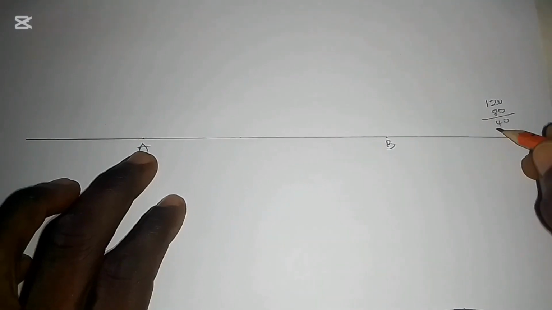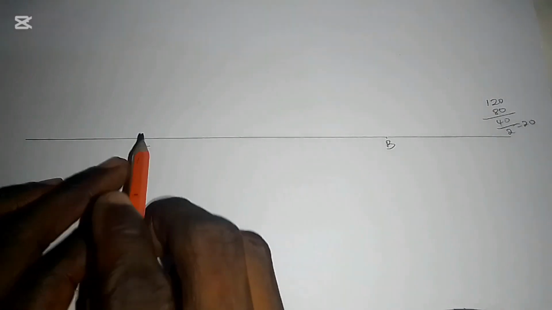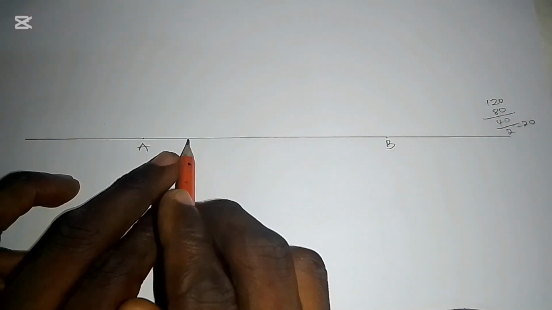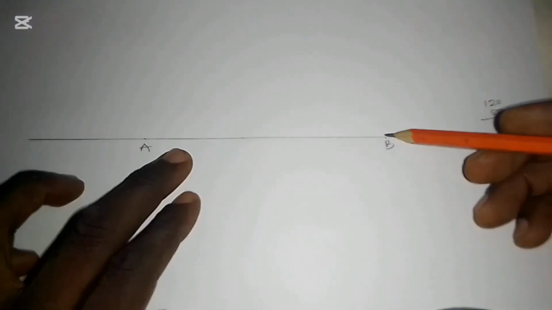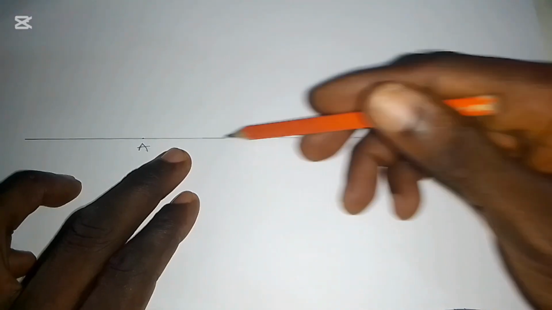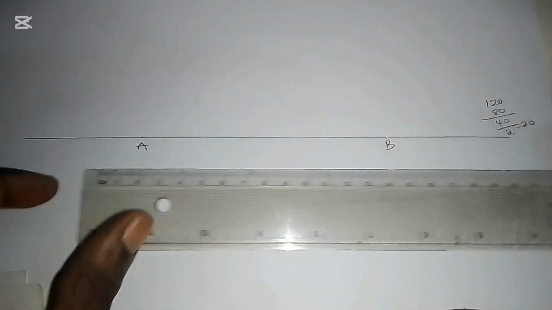If we divide the 40 by 2, that will give us 20. So I'm going to have 20 from this side, which will be my F1, the foci point 1, and 20 from the other side, which will be my foci point 2. Then the distance between the two foci points will be 80.